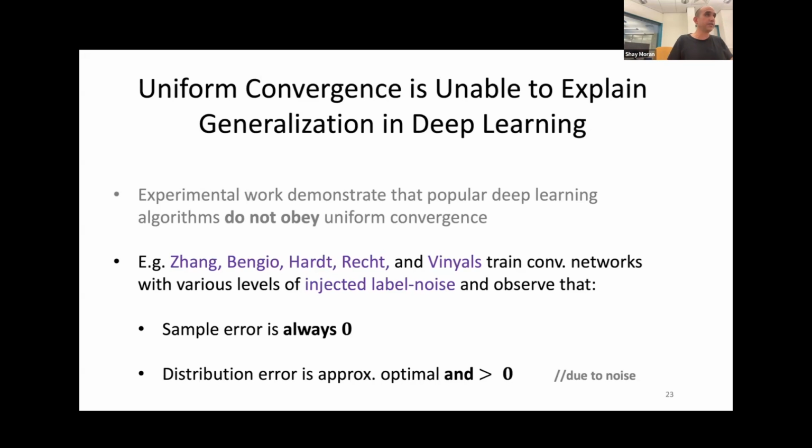It interpolated even the noisy examples on the sample. So the training error was always 0, but the population loss, of course, cannot be 0 because with probability p you get random noise. It was always optimal, but in particular it was far away from the training error. Training error is 0, and the population error is roughly p times 9/10.